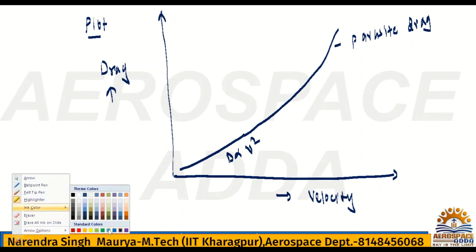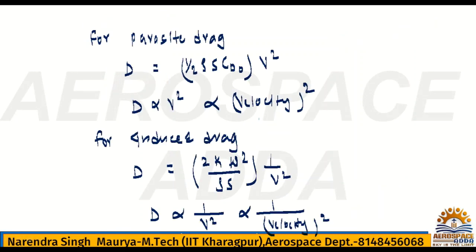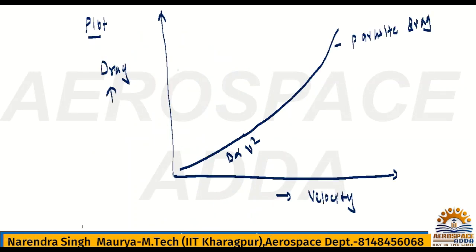What is next? Next is the induced drag. What is the induced drag? Drag is inversely proportional to velocity square. So drag inversely proportional to velocity square means it will be like this.